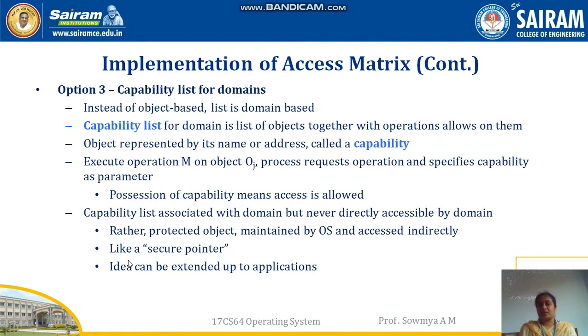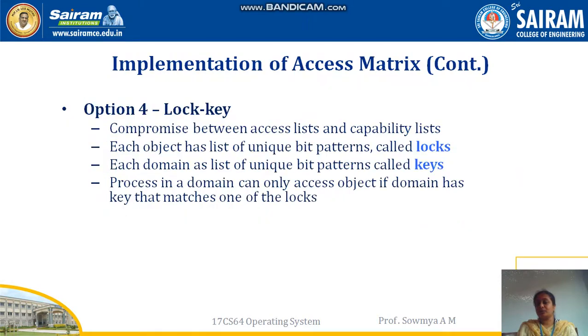The object, represented by its name or address, is called a capability. To execute operation M on object J, the process requests the operation and specifies the capability as a parameter. The capability list is associated with the domain but is never directly accessed by the domain. Rather, protected objects are maintained by the operating system and accessed indirectly, like a secured pointer. The idea can be extended up to applications.